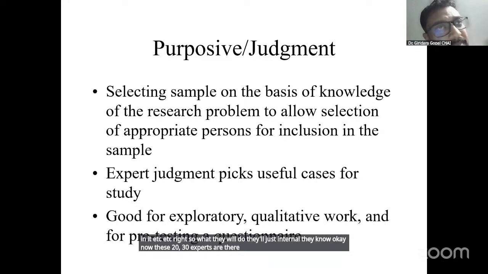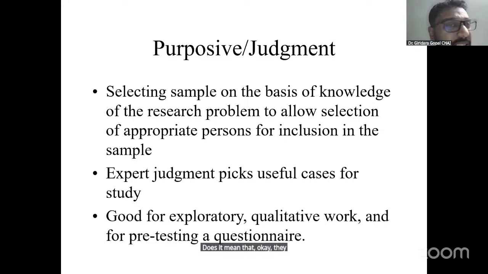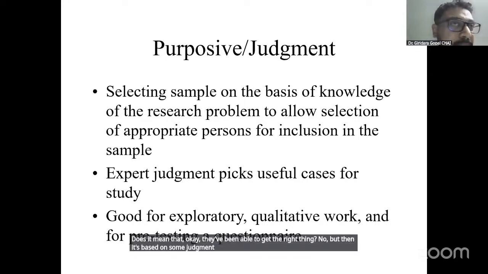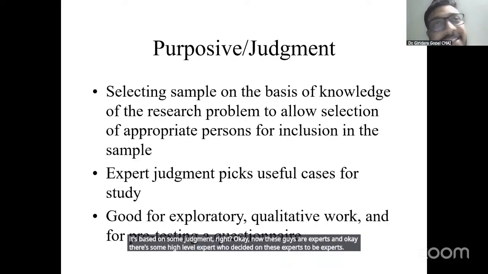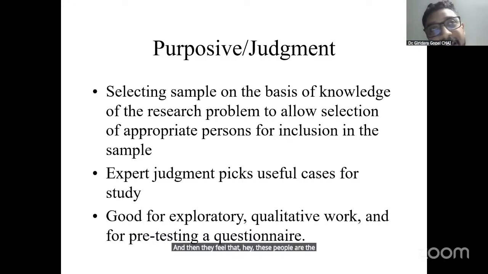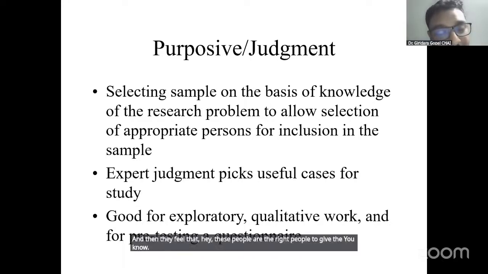Let's reach out to them, give them this questionnaire, and get their feedback. Does it mean they've been able to get the right thing? No, but it's based on some judgment, right? These guys are experts, and some high-level expert decided on these experts, and they feel that these people are the right people to give the answer on what should be part of the treaty, etc.